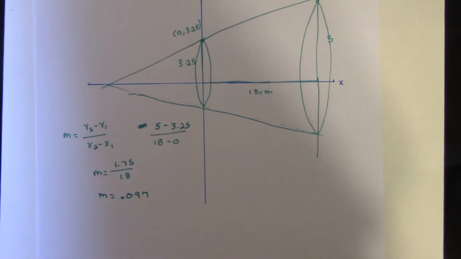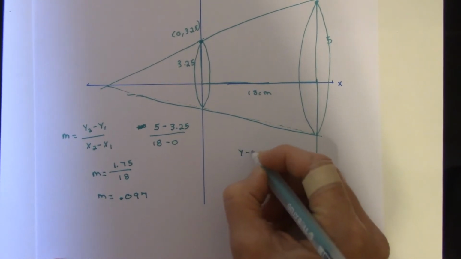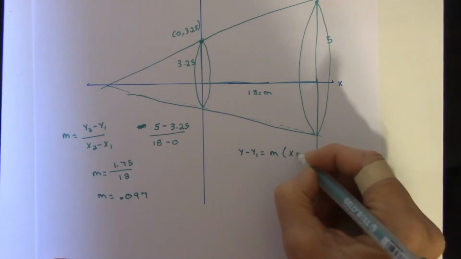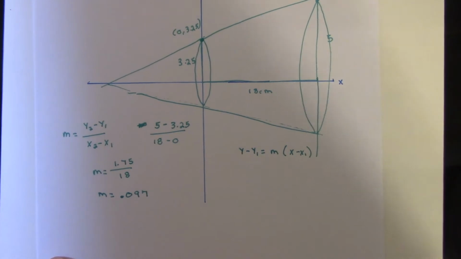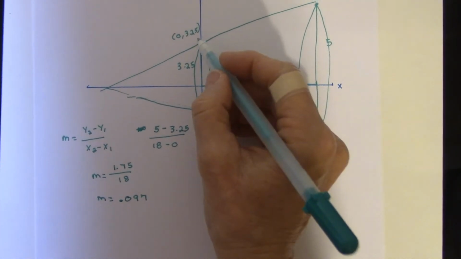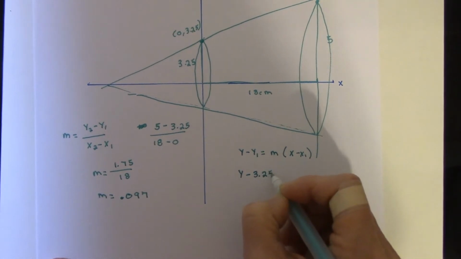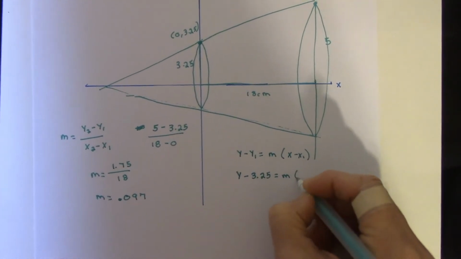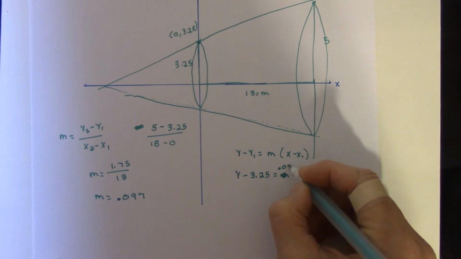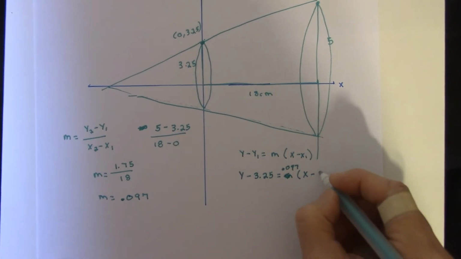Now if I use the point-slope form of an equation, which is y minus y1 equals m times x minus x1, and I choose to use this point right here, I have y minus 3.25 equals m times, oops, I didn't write in the value for m, which is 0.097, times x minus 0.